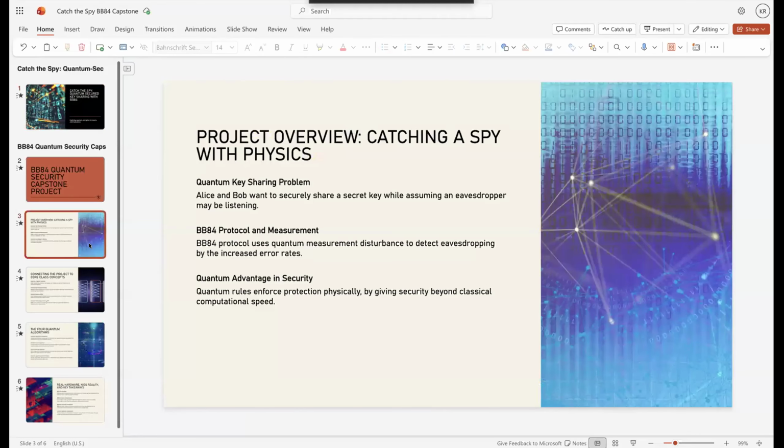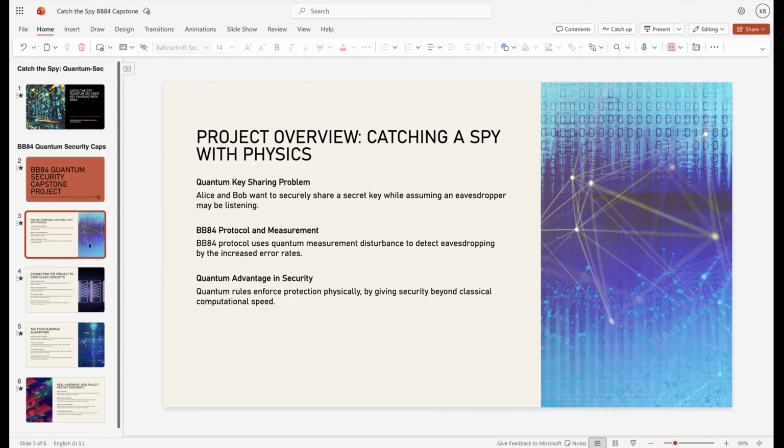So this was my overview where I connected to what we learned in class. My project followed the basic prepare, manipulate, and measure. We have two people, Alice and Bob, and they're trying to share a key, and then Eve is the eavesdropper, and we're going to see if the qubit measured by Bob has been changed. If there's a change, that means Eve has measured it, because what we learned is that when a qubit is measured, it disturbs the qubit, because we cannot just measure while it's in superposition.